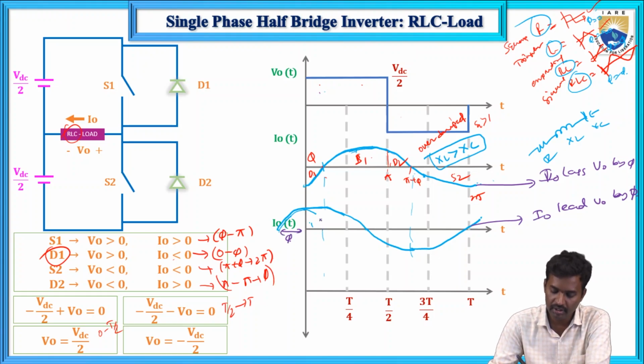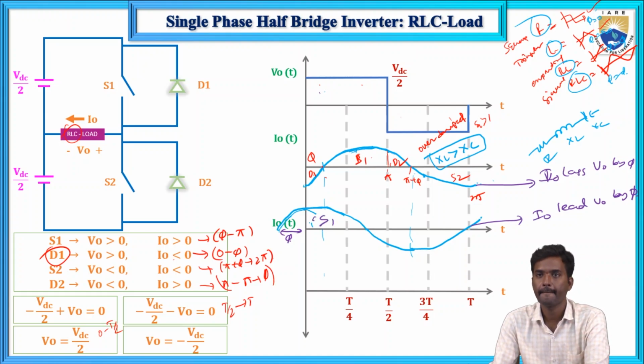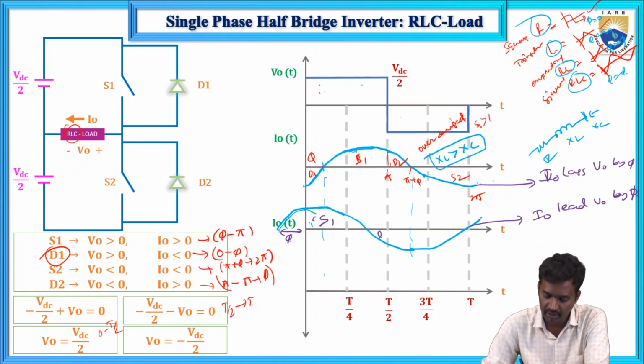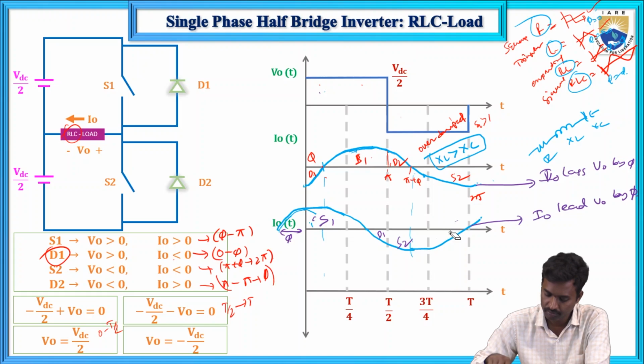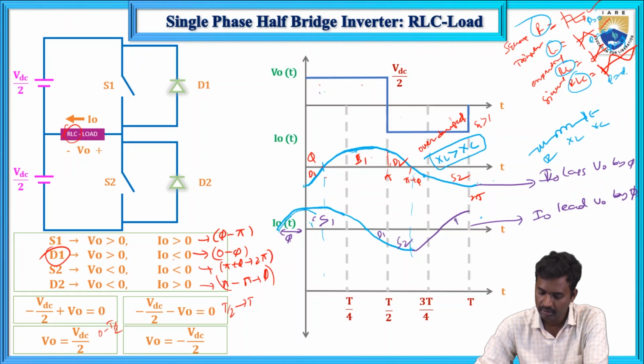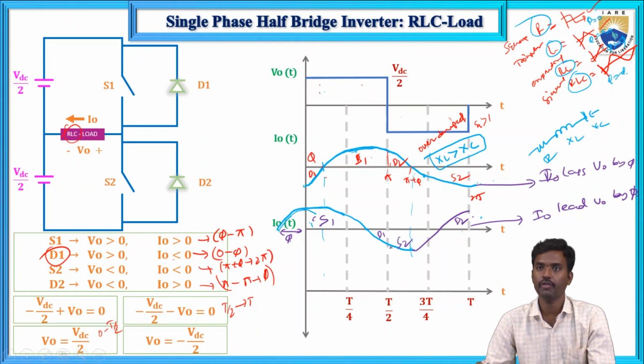Here S1 thyristor will conduct up to this one, and here D1 will conduct. Here both are negative, means S2 thyristor will conduct. Next, both are negative, and here D2 will conduct. So one is positive and one is negative. So this is the waveform.